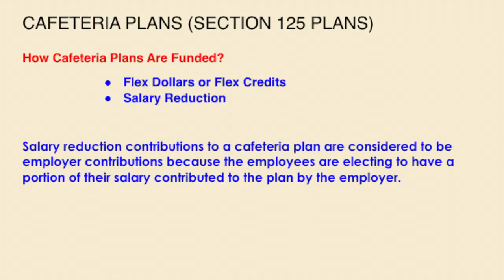How are cafeteria plans funded? Cafeteria plans are generally funded by either or both of the following mechanisms: flex dollars and/or salary reduction. Under the flex dollar option, each employee is provided with a certain amount of flex dollars or flex credits which the employee can use to buy benefits offered under the plan menu or elect to receive in cash.